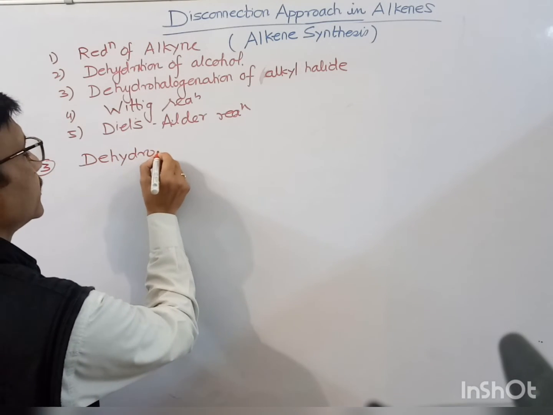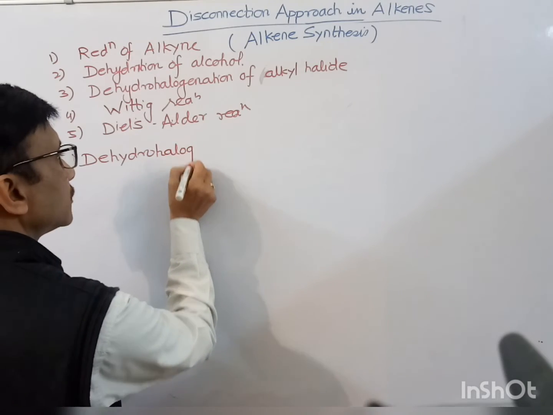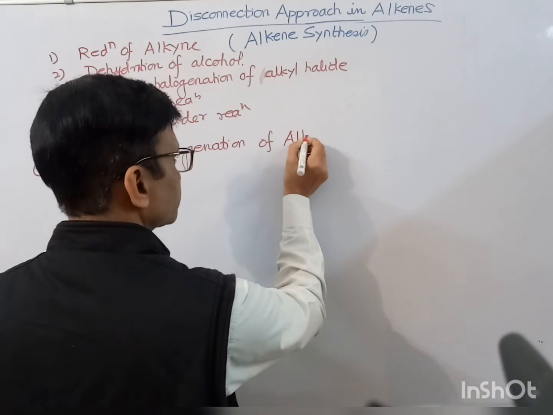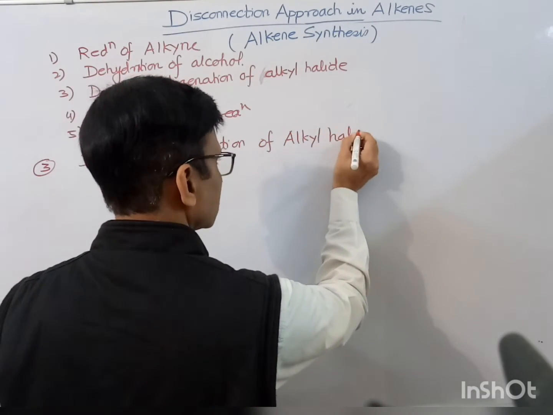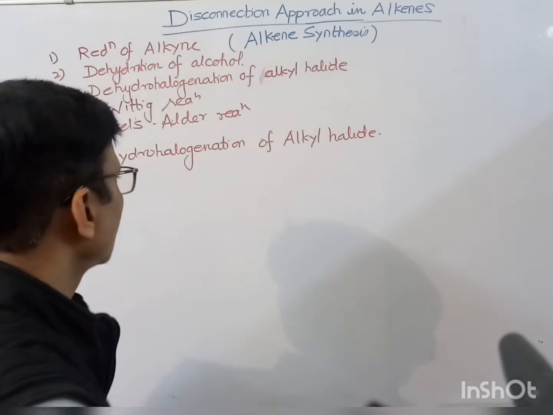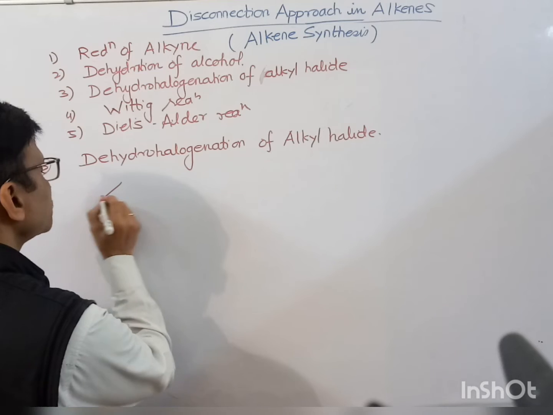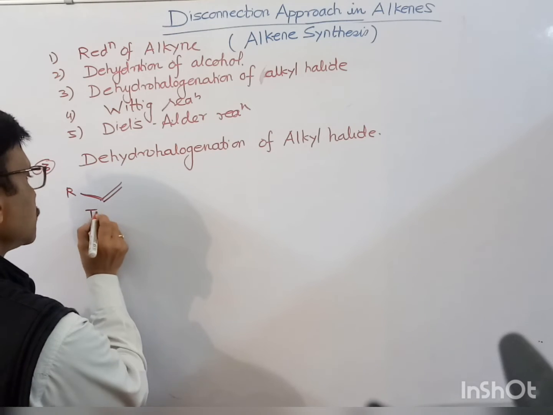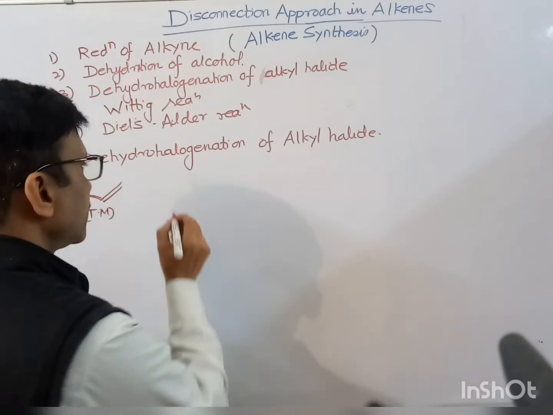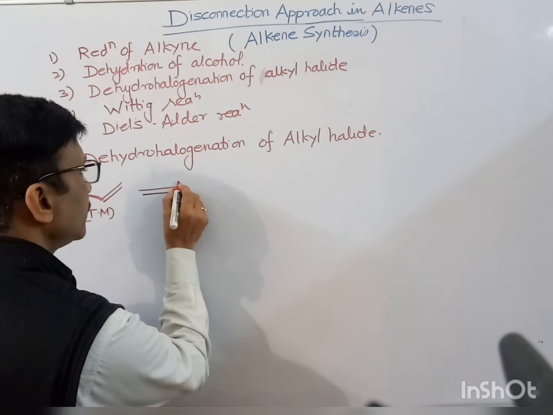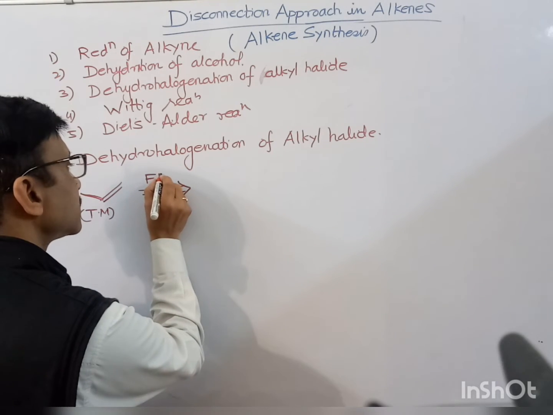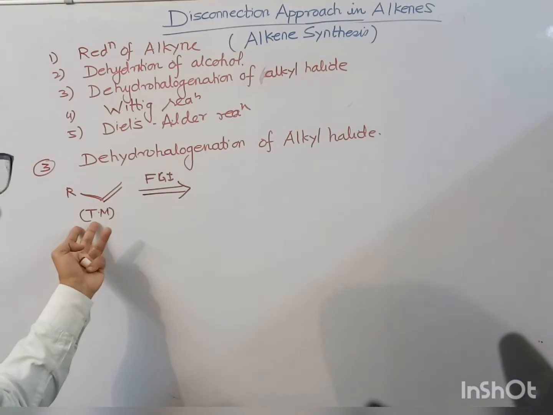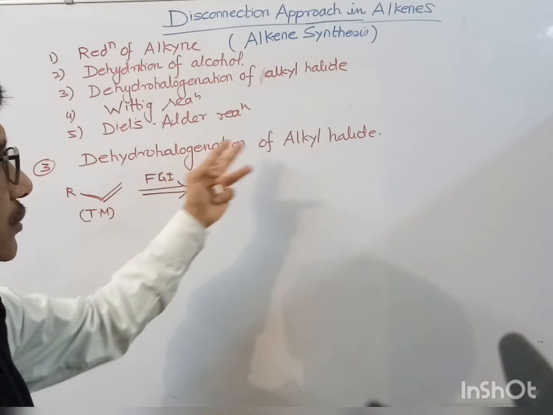Dehydrohalogenation of alkyl halide. Now suppose we have a target molecule, this is your alkene. Then via FGI this functional group, the double bond, is converted into alkyl halide, because we can synthesize this alkene by the dehydrohalogenation of alkyl halide.